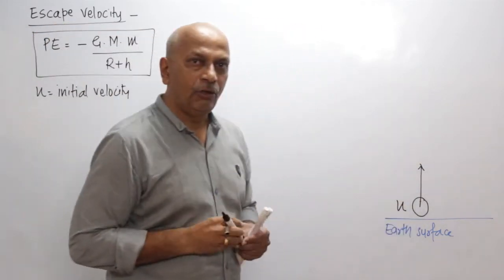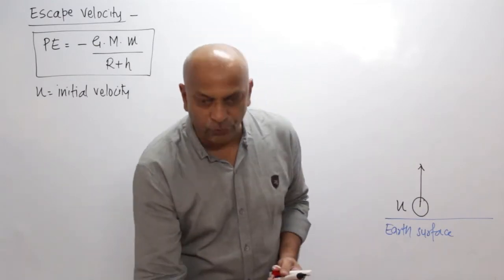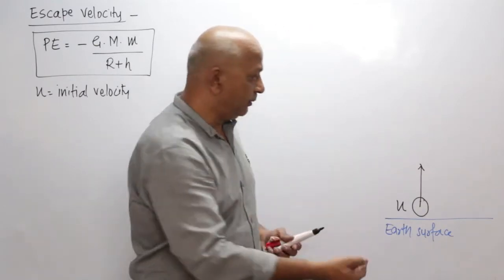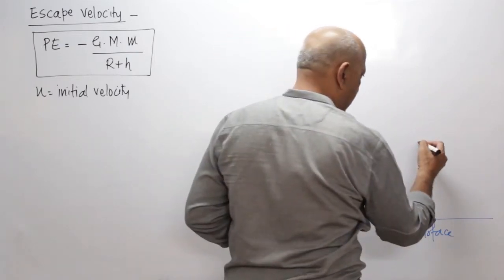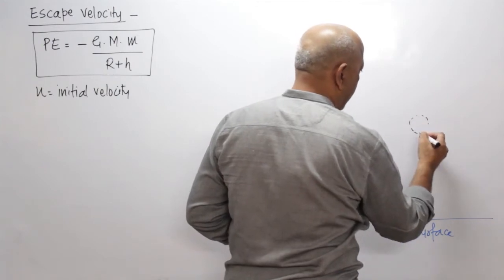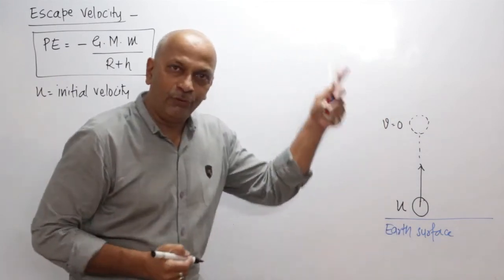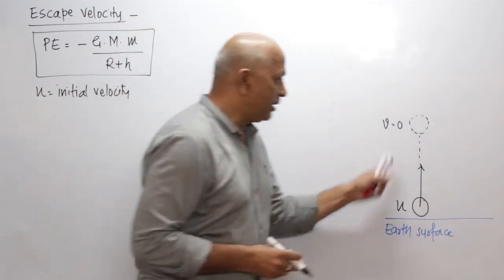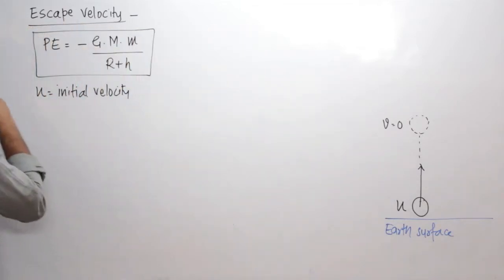As this object goes up, if we throw an object upward from the earth's surface, it will go to a certain height, and here its final velocity will become 0 and it will fall down. Its velocity, what will happen? So u will go on decreasing, right?